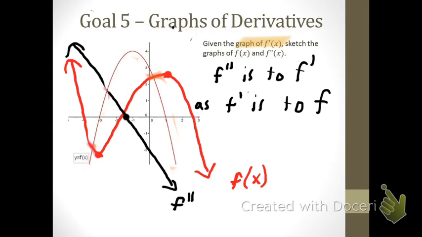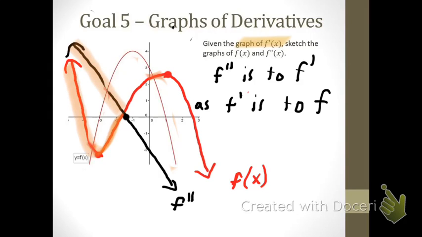Now, just in case what I said about using the first derivative to make the second derivative didn't make sense, let's compare the graph of f of x to the second derivative graph that we made. The f of x was concave up all the way from negative infinity to negative 1.5, and so that's where the second derivative has to be positive, and you can see that that is true right here.